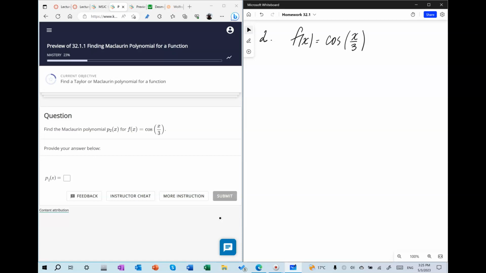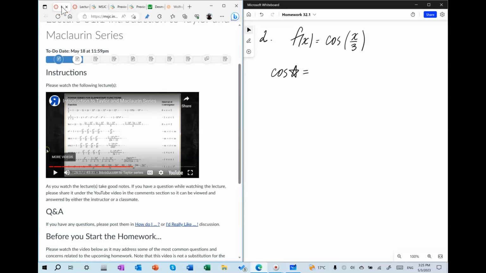It is a more powerful way, so we're going to recall that cosine of something is equal to the sum of -1 to the power n, x to the power 2n over, actually there is no -1 there, 2n factorial.